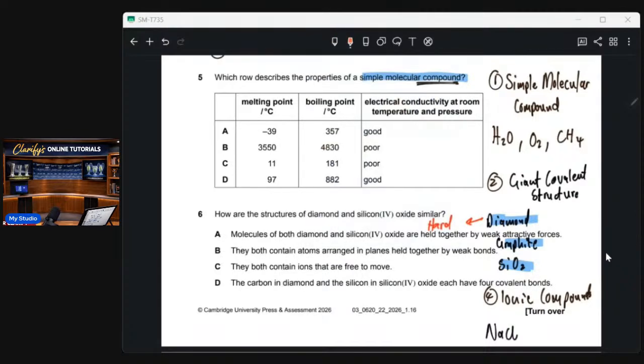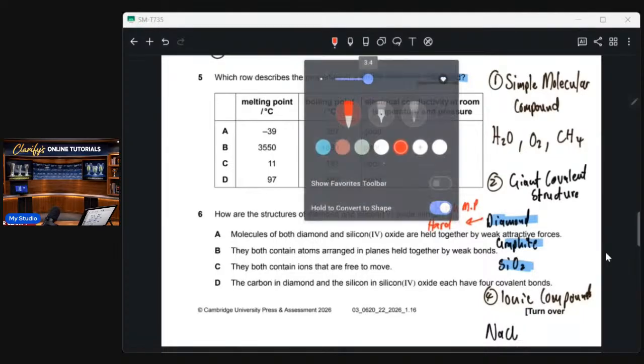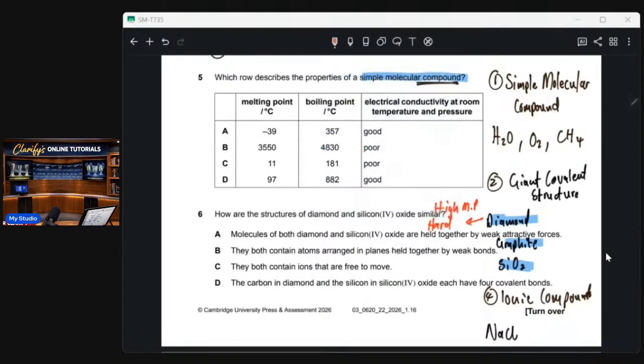You can use diamond to scratch the surface of anything. It's precious. It's hard. It has a very, very high melting point. But its weakness is it does not conduct. So not a conductor.